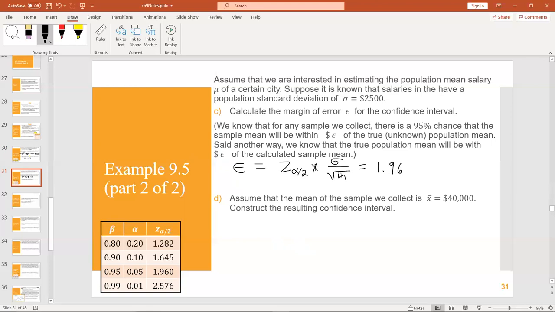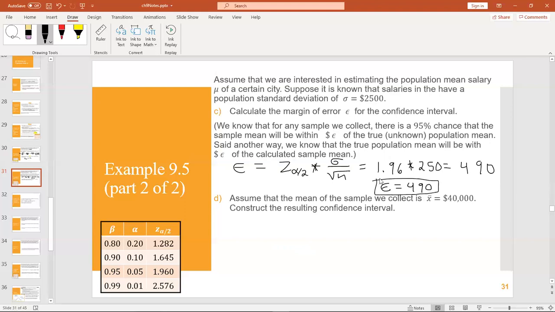We calculated sigma over root n, that was 250. So what we need to do is find out what 1.96 times 250 is. That is 490. So the margin of error is going to be 490.